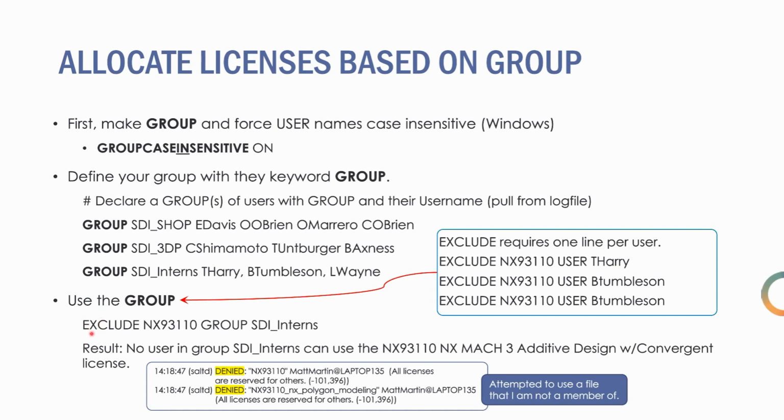If I wanted to exclude my interns from being able to access this license here, I write it up like this: exclude the NX93110 group for SDI interns. So these folks here cannot access this license.